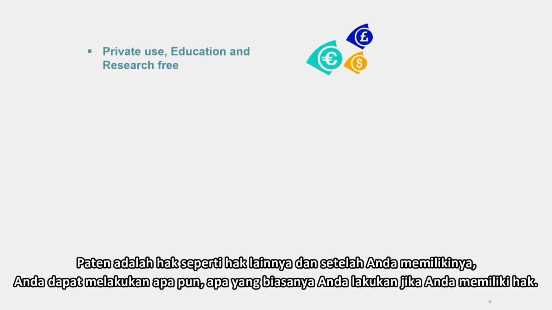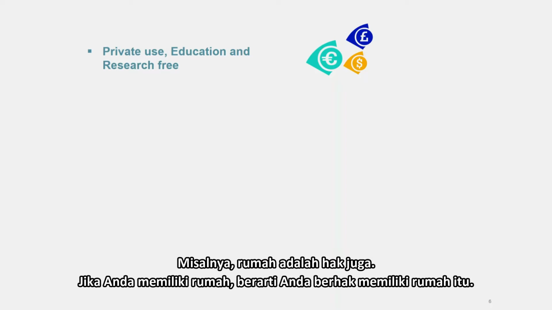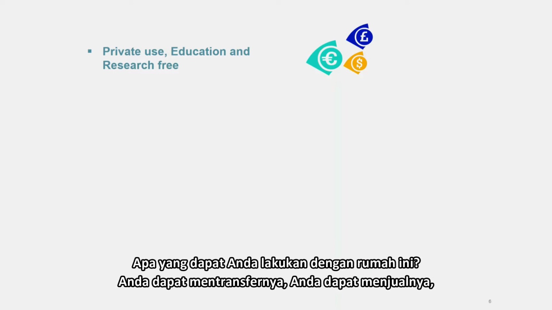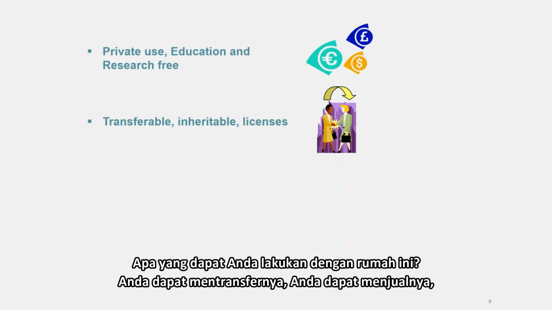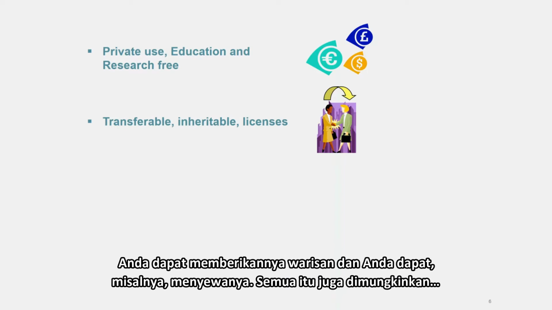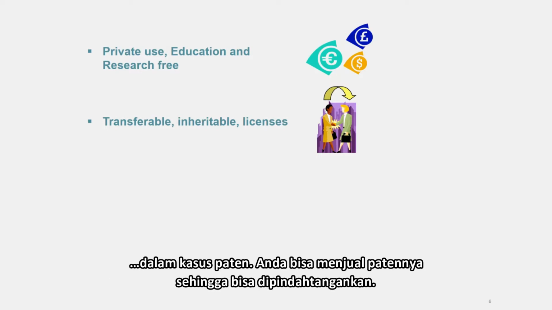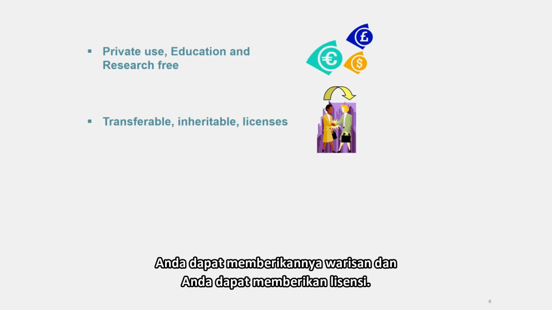And a patent is a right like any other right, and once you have it, you can do whatsoever you normally do if you have a right. Let's say, for example, a house is a right also. So if you have a house, it means you have the right of possession of that house. What can you do with the house? You can transfer it, you can sell it, you can give it in heritage, and you can, for example, rent it. All that is also possible in the case of a patent. You can sell the patent, so it is transferable. You can give it in heritage, and you can give licenses.